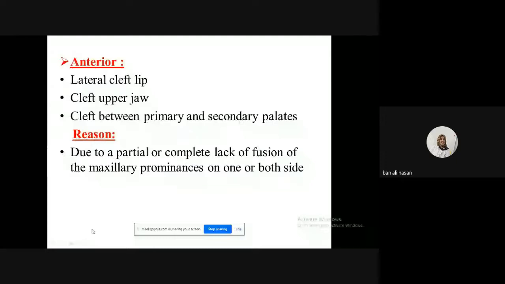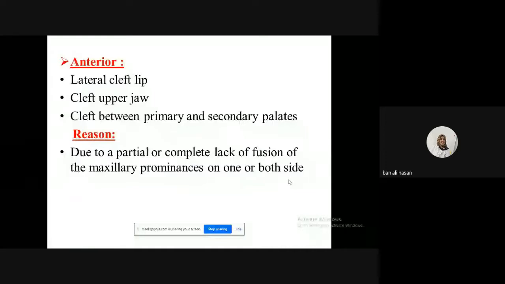In the case of lateral cleft lip, upper jaw cleft, and cleft between the primary and secondary palate, they happen due to a partial or complete lack of fusion of what? Of the maxillary prominence on one or both sides. I will show you some pictures to give you a vision of it.